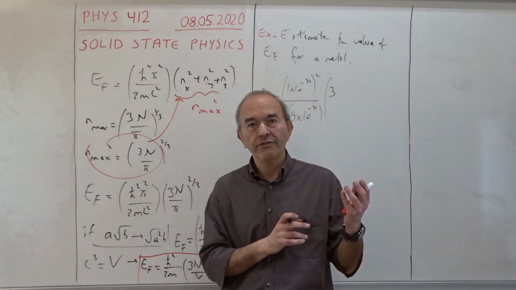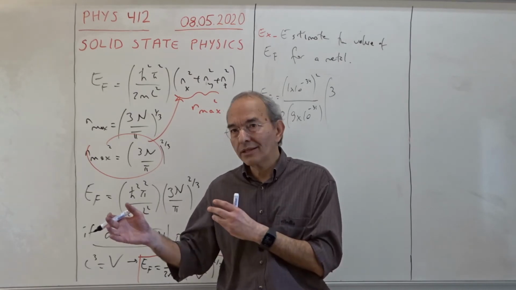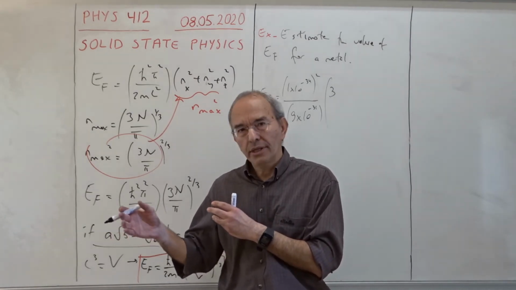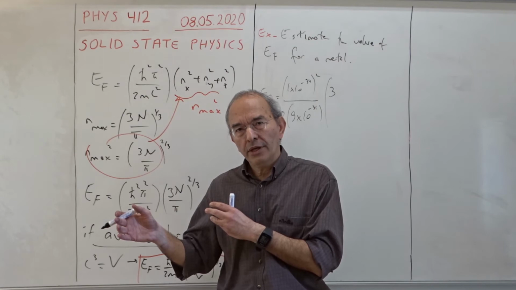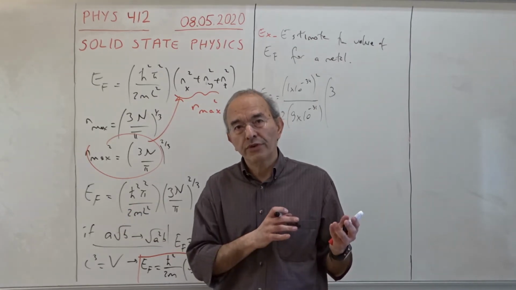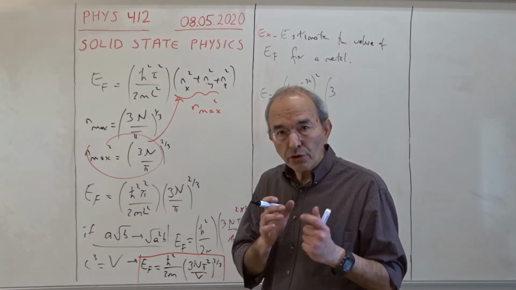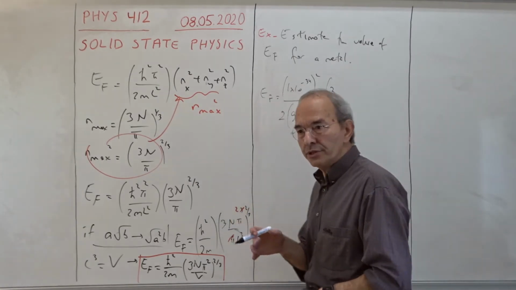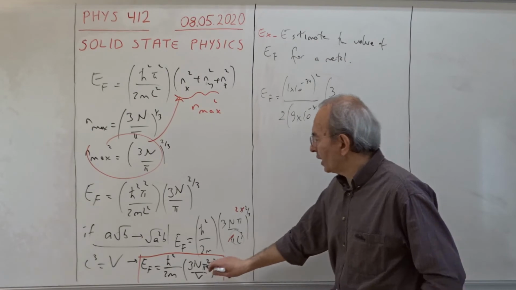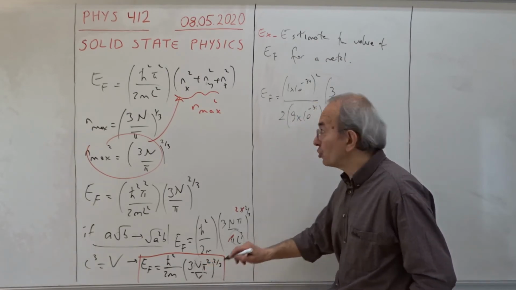So 10 to the 29 for electrons in a metal, and 10 to the 25 is a typical value for the concentration of molecules in a gas, for instance, per cubic meter. So we can use 10 to the 29 for this ratio.